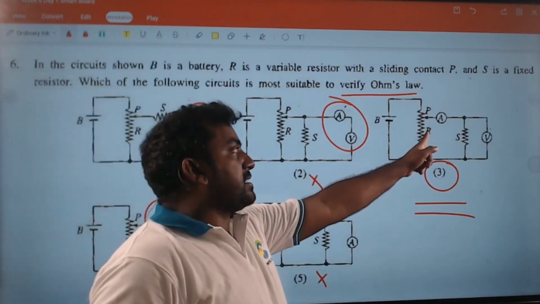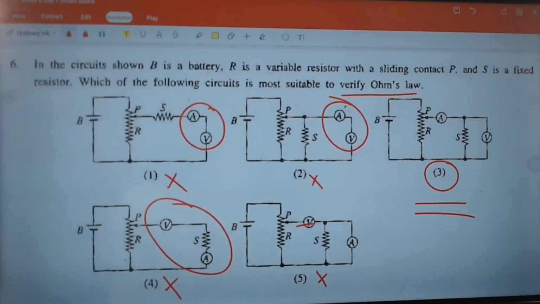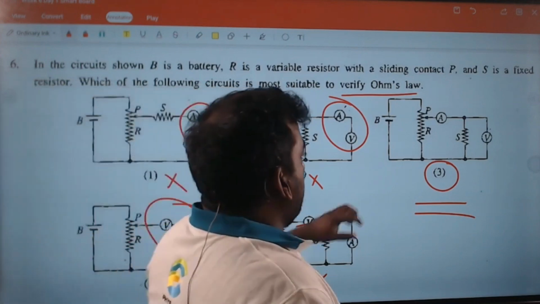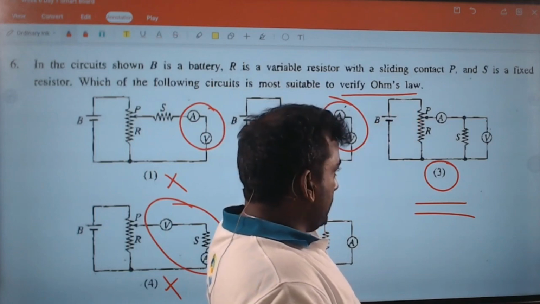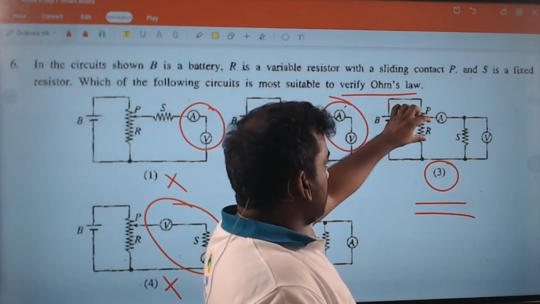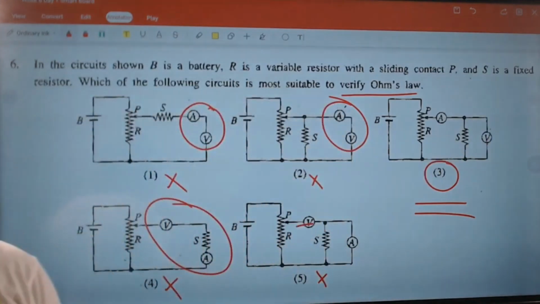When we change the sliding contact, the resistance will change, causing the potential difference to change.